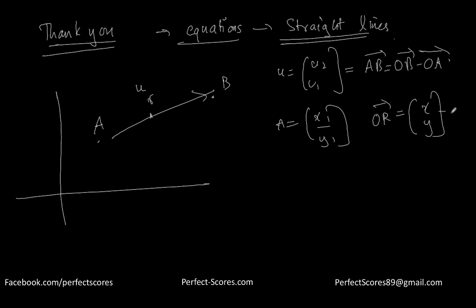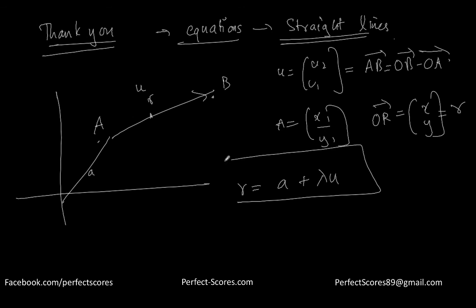So if you want to find any value of R, that can be found as vector A plus lambda U. This is the vector equation, and from there you get all the other equations. You get the parametric equation, you get the Cartesian equation, and that'll be really helpful for your studies.